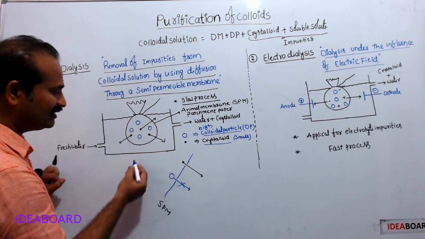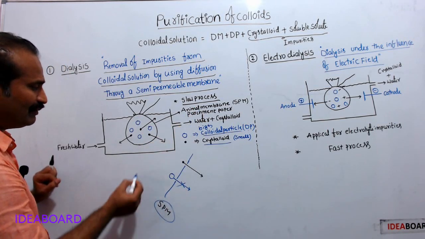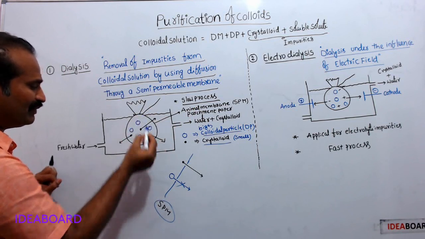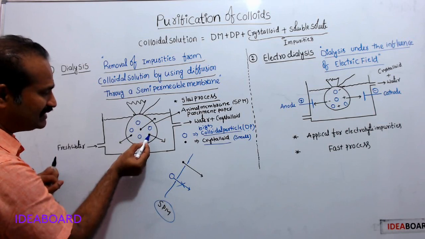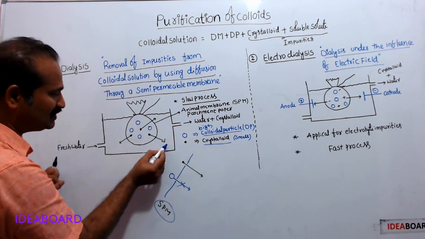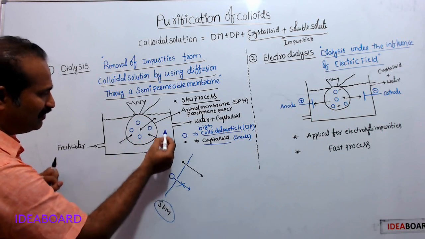That's why it can't flow. Therefore the animal membrane acts as a semi-permeable membrane. Small pores will be there. Through those pores, these crystalloid particles can pass through this animal membrane and enter into the water.